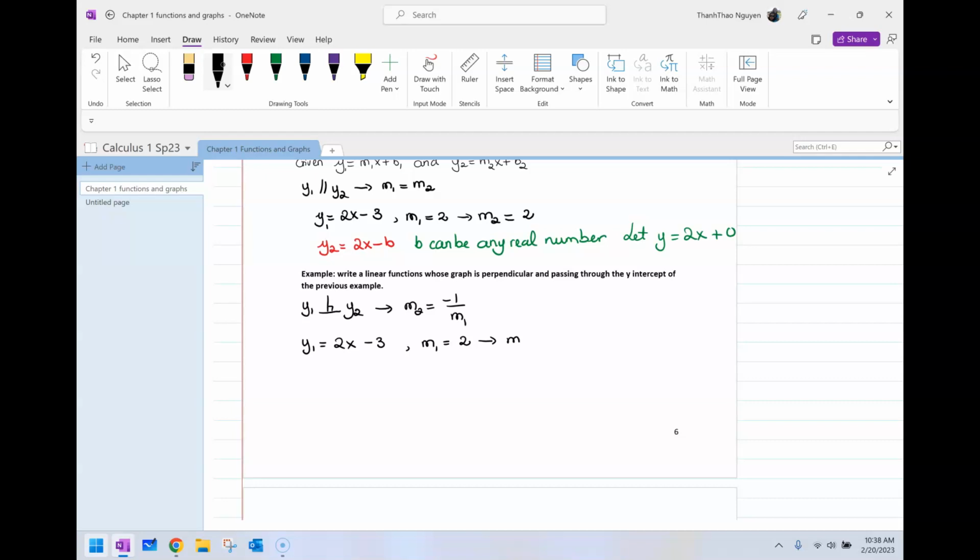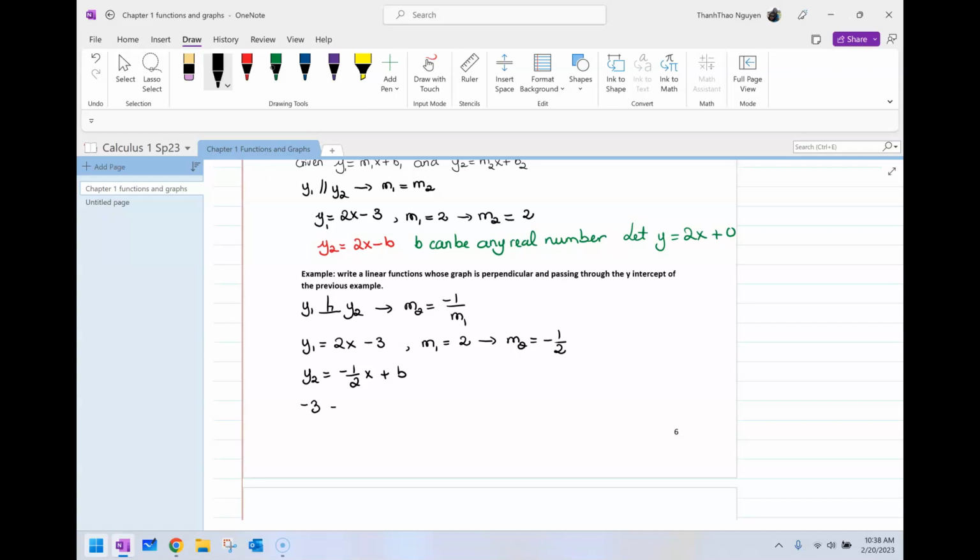This means m2 = -1/2. Then I can write the equation y2 = -1/2 x + b. We're told that y2 is passing through the point (0, -3).